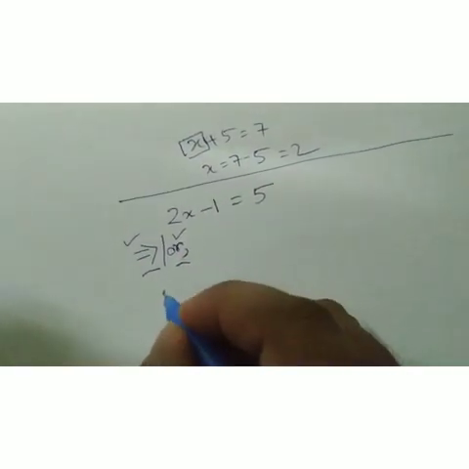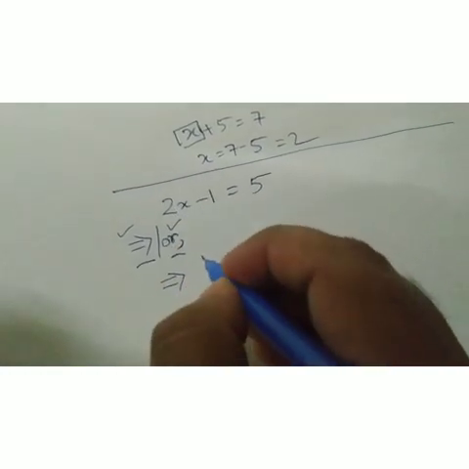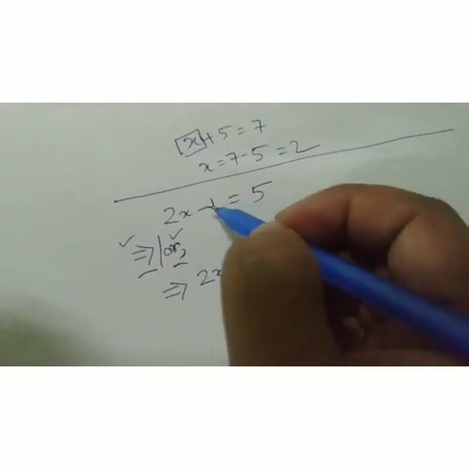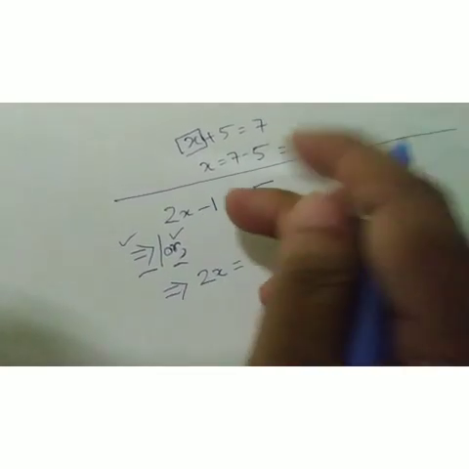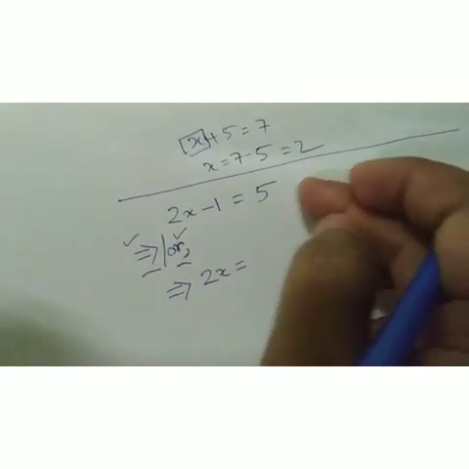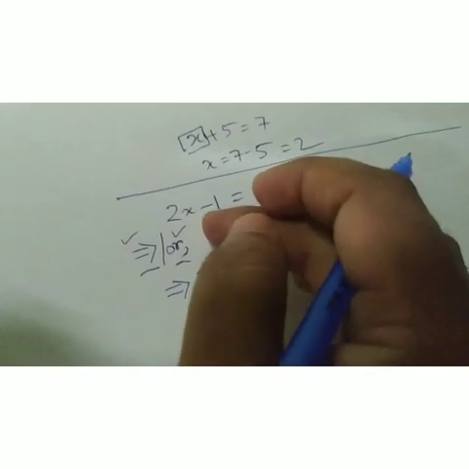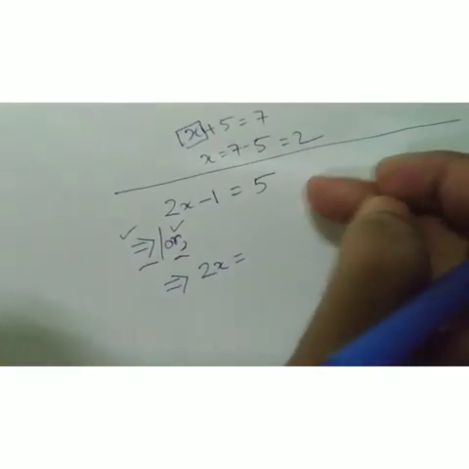So my second line will be OR 2x equals, remember, if I have a minus sign over here, minus 1, if we shift it to the right side, or to the opposite side of the equal sign, the sign will always become opposite.